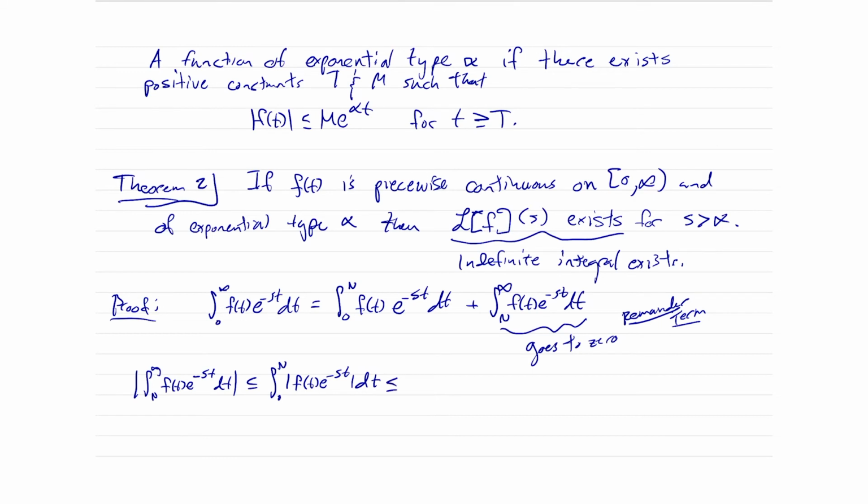Then we can use the exponential type property that f has: this is at most the integral from n to infinity of M e to the alpha t times e to the minus st dt, and this itself is equal to the integral from n to infinity of M times e to the minus (s minus alpha) t dt. And finally, we can integrate that.